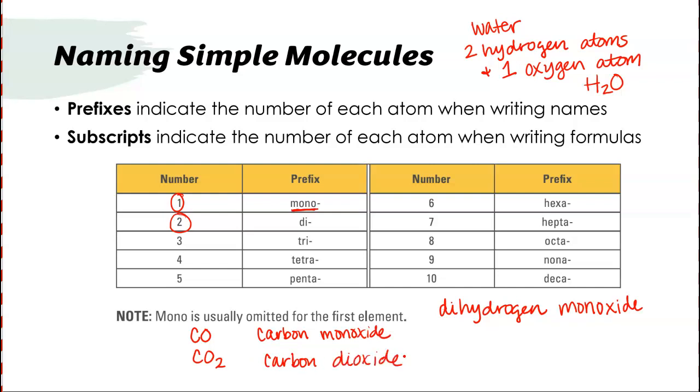Note that because carbon is a single one and it is the first element, we don't say monocarbon monoxide. We just say carbon monoxide, carbon dioxide.